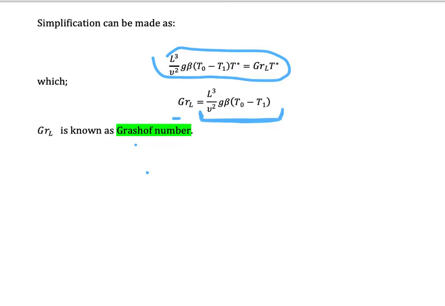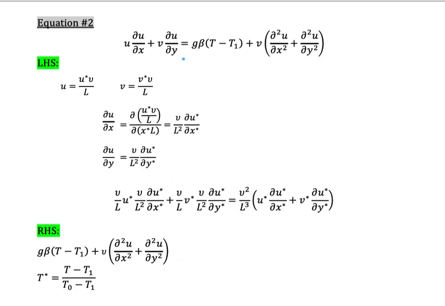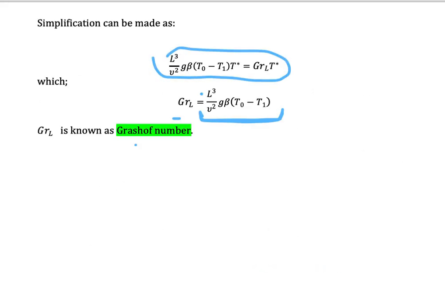A researcher named Grashof did the dimensionless analysis like this, and finally he got a term like this one. Because nobody had used this term previously, he named it the Grashof number.